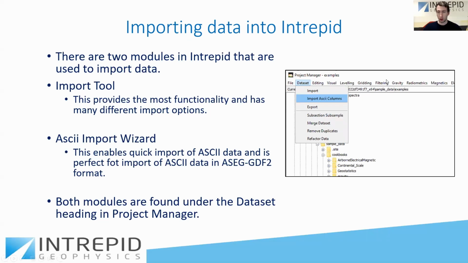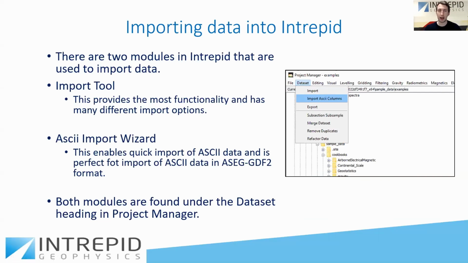So there are 2 ways of importing data into Intrepid, using the import tool. And the import tool provides the most functionality for Intrepid and has a whole heap of different options for importing. Then there's the ASCII import wizard, which enables very rapid importing of ASCII data, especially in the ASEG GDF2 format.